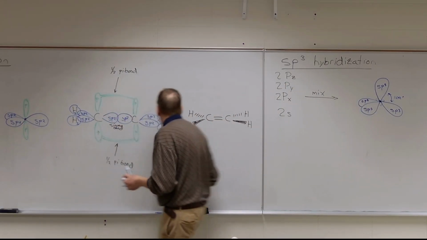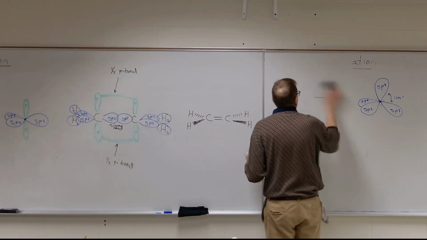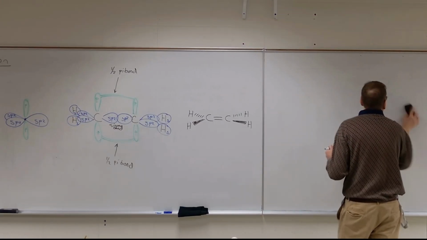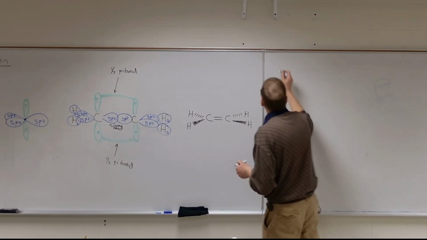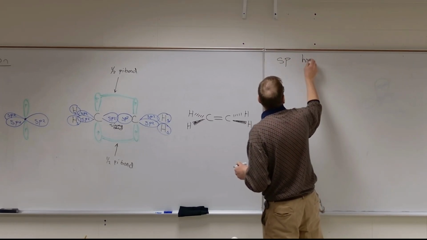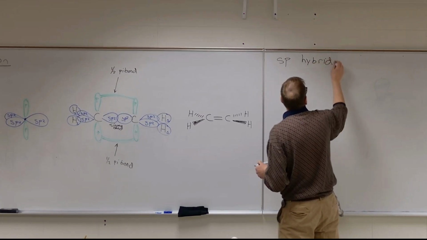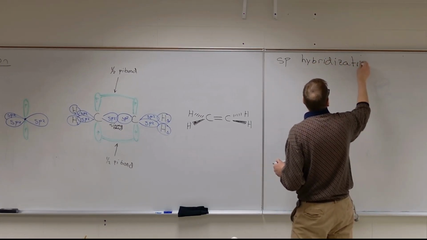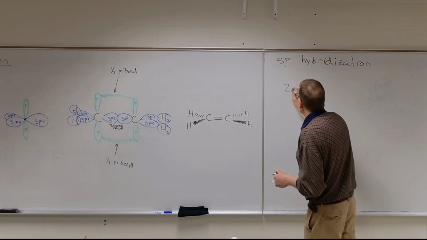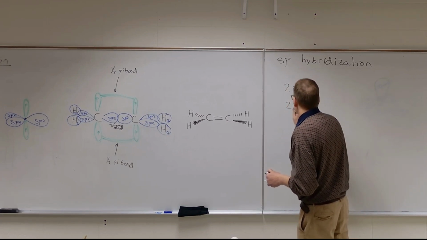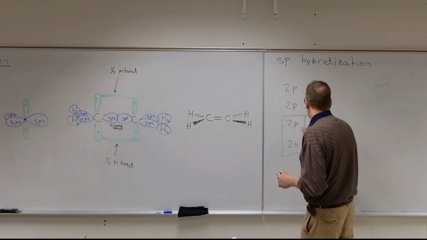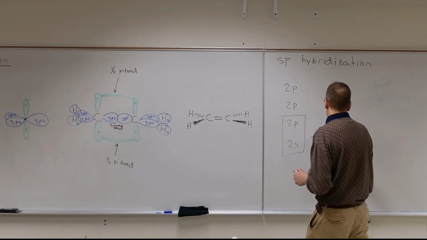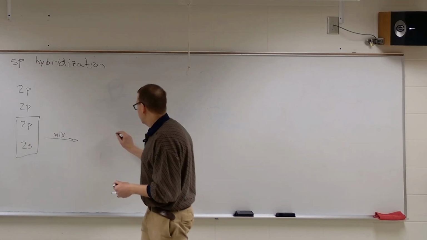Then we got one more to deal with here, and that's the sp hybridization. This is what happens when an atom mixes just two orbitals, takes these two, mixes them together, and you get a shape that looks like this.